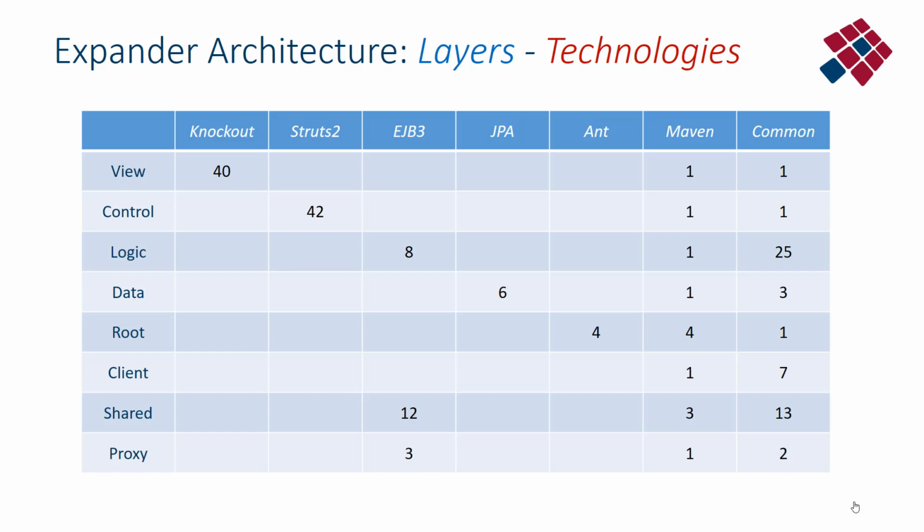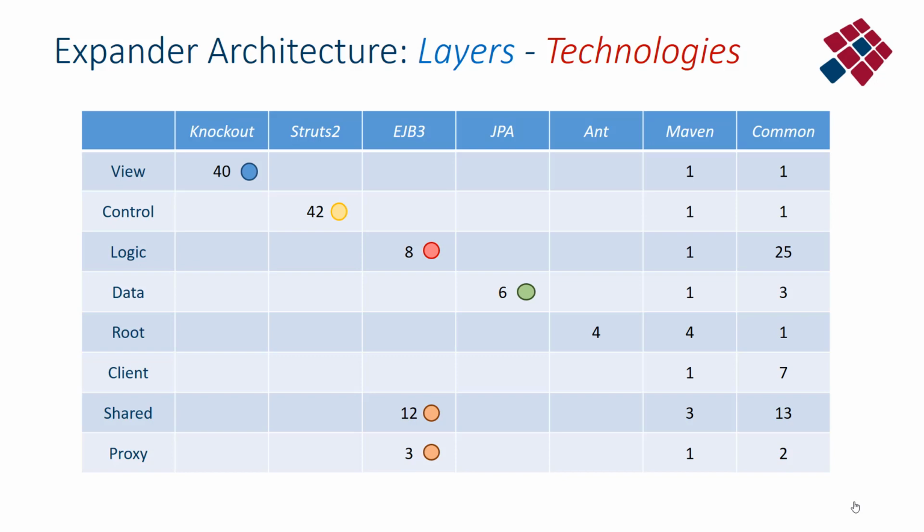And in the columns we have the various technological frameworks that provide a cross-cutting concern, usually in a specific layer, like Knockout, Struts, JPA3, JPA, and Maven, or a common technology. Now we add the colors we have been using most of the time, and we see the color for the dependency on a framework in the view layer, in the control layer, the dependency on a technology in the logic layer, in the data layer, and also in the proxy layer.